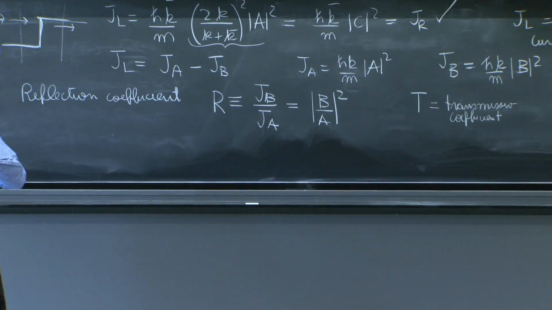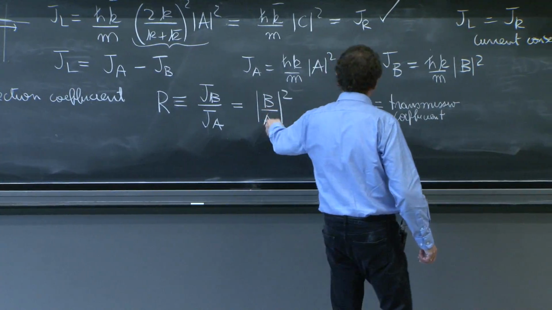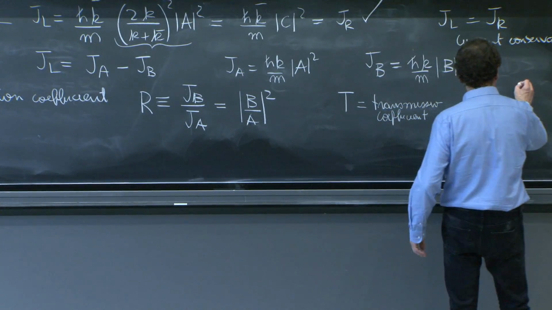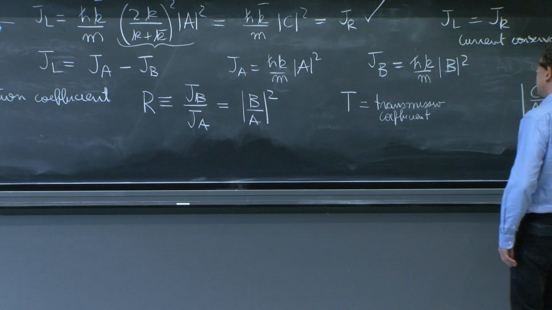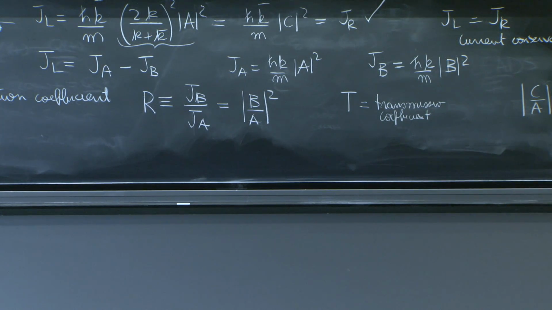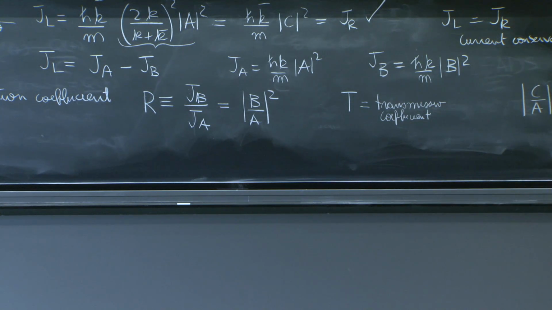There is a temptation to define it, well, the coefficient B over A gives me this, then maybe it should be C over A? But actually, while C over A gives you some idea of how big is the wave to the right compared to the wave to the left, that's not what we should call a transmission coefficient.